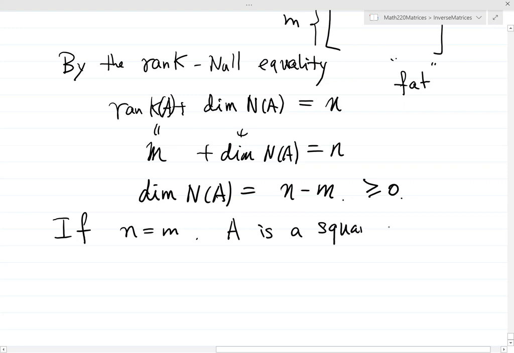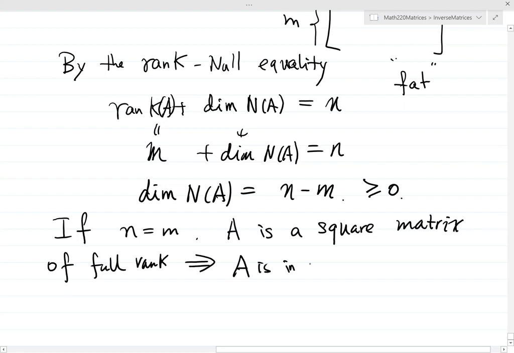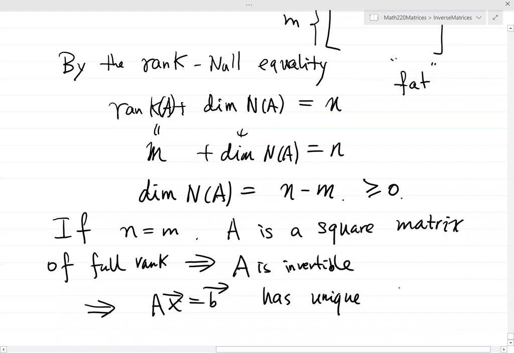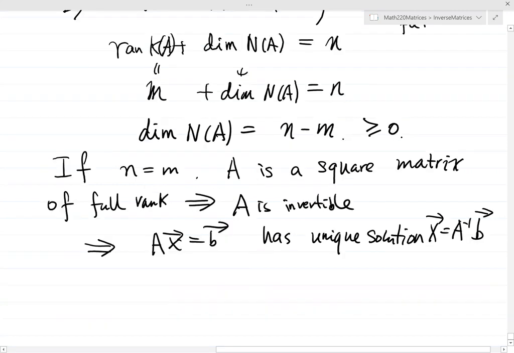A square matrix of full rank is invertible, which means Ax equals b has a unique solution, x equals A inverse times b. In that case, the null space has dimension 0.